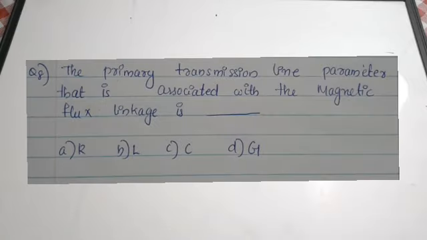The 8th question is a theory question. The primary transmission line parameter that is associated with the magnetic flux linkage is dash. A R, B L, C C, D G. So R means resistance, L means inductance, C means capacitance, G means conductance. So the variables are given. Which is associated with magnetic flux linkage?